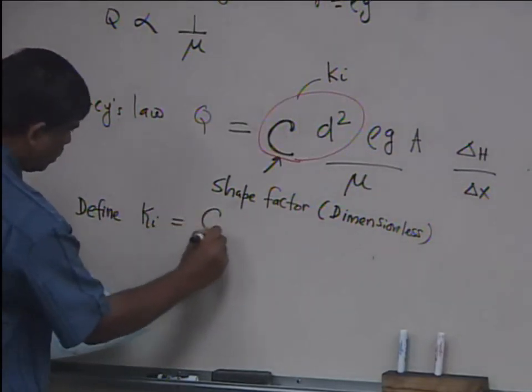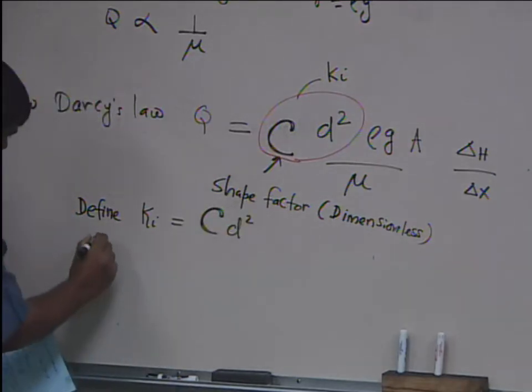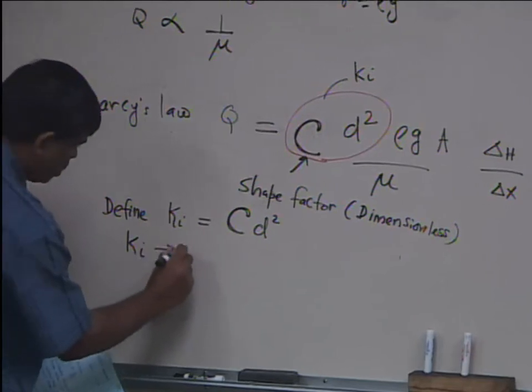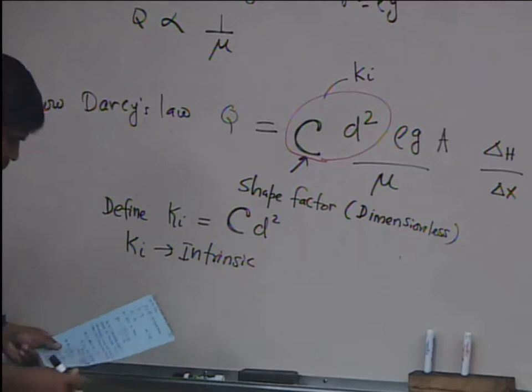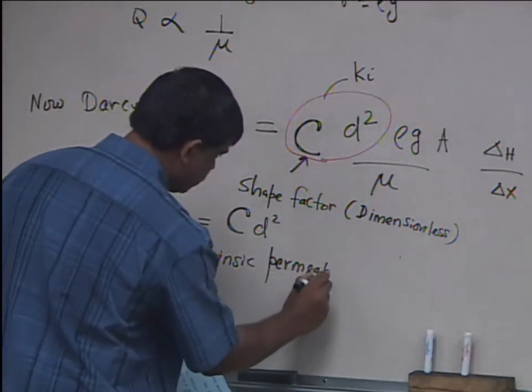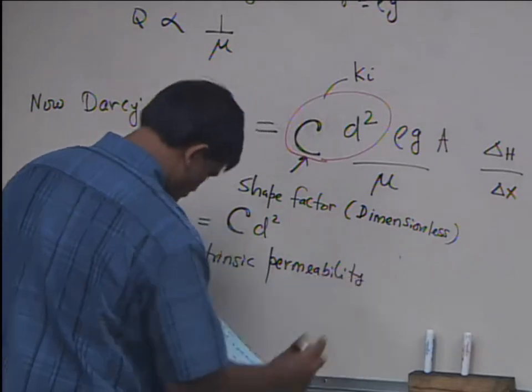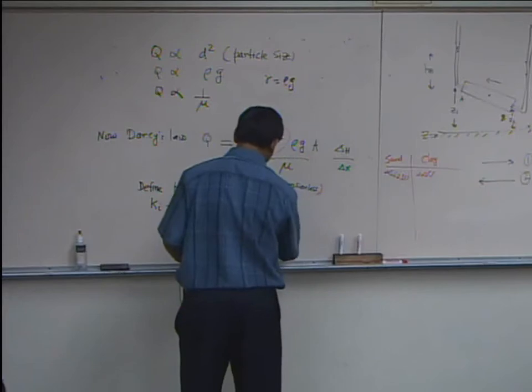Ki is C times d squared. And Ki is known as intrinsic permeability, or basically it's also called soil permeability.